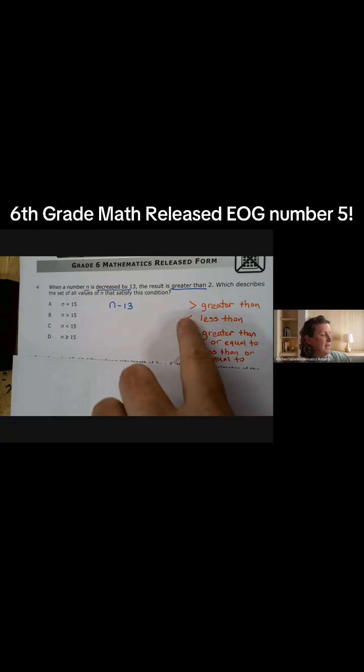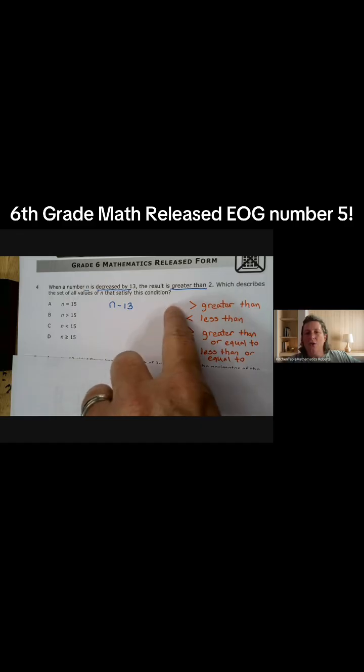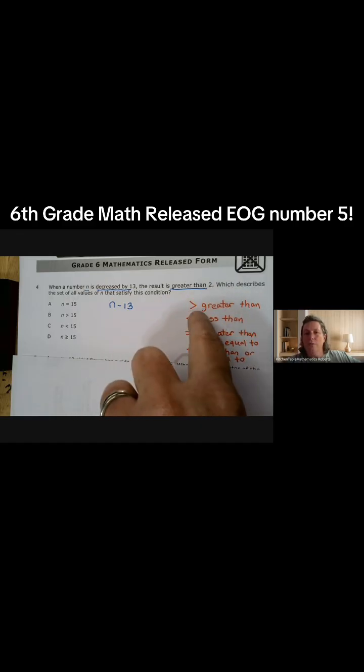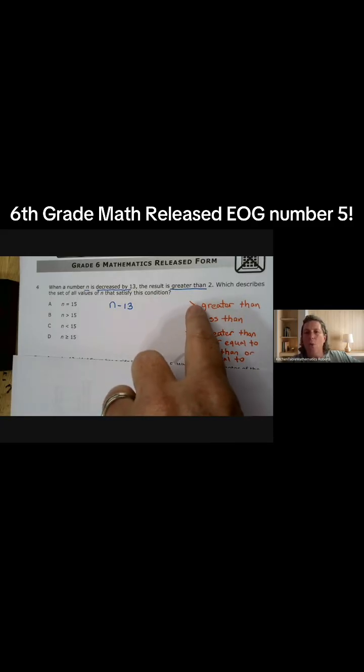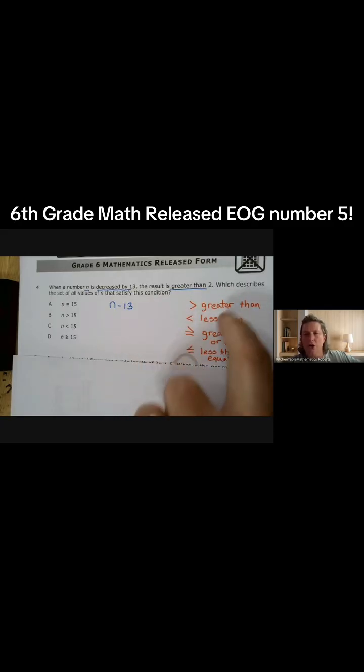What I tell them is the bigger side is going to go to the bigger value, and the smaller point is going to go to the smaller value. That's just an easier way to remember it. The lines underneath just mean "or equal to." That doesn't really come into play in this video; it will later.